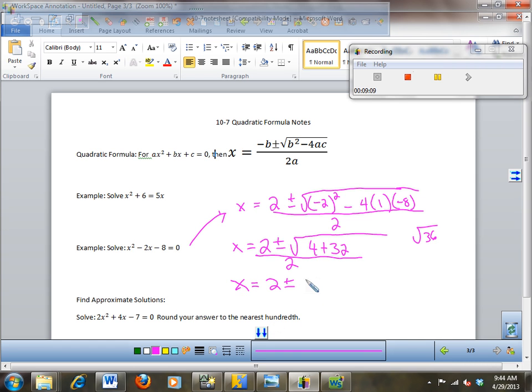So it's 2 plus or minus 6 over 2, which means that x equals 2 plus 6 divided by 2, or 2 minus 6 divided by 2, which gives you x equals 8 divided by 2, which is 4, or negative 4 divided by 2, which is negative 2. Okay? And that's both of your answers.